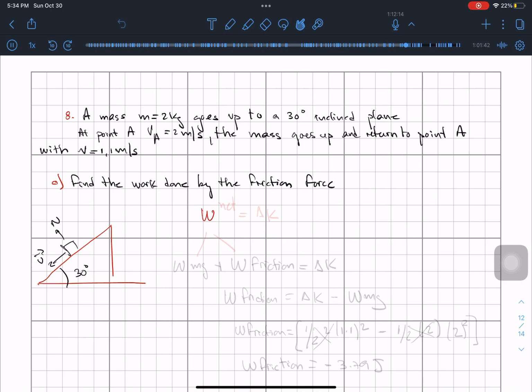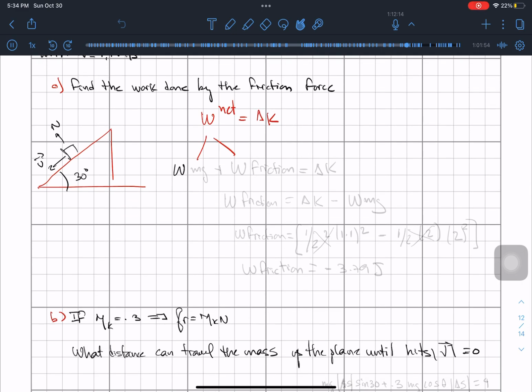The net work is going to be equal to delta K, where the net work is separated into the work of the weight plus the work of the friction force, and that's going to be equal to delta K. From this equation, we can find the work of the friction force by subtracting the work of the weight from the variation of kinetic energy.